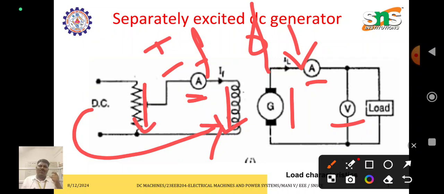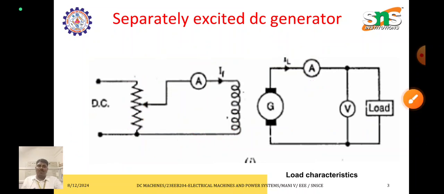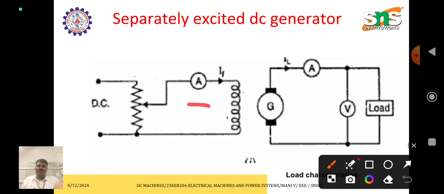If we reduce the resistance with the help of the rheostat, the current applied to the field increases. Once the field current increases, the flux also increases.